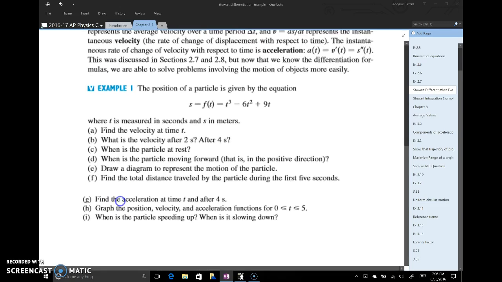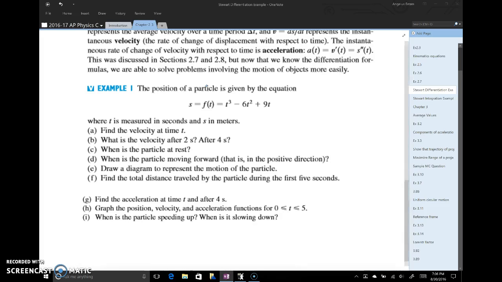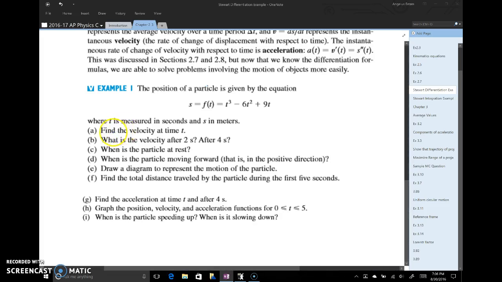So this first example says that we have somehow determined the position of the particle with respect to time, and we want to learn a lot about the system using that equation. We want to know the velocity at any time and at specific times. We want to figure out when the particle is at rest and when it is moving forward in the positive direction.